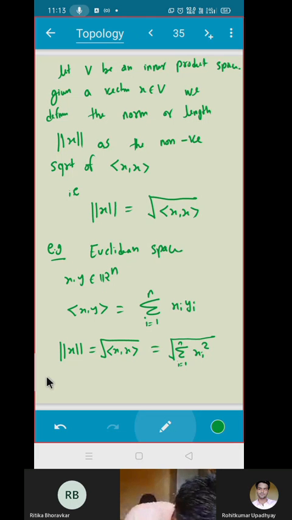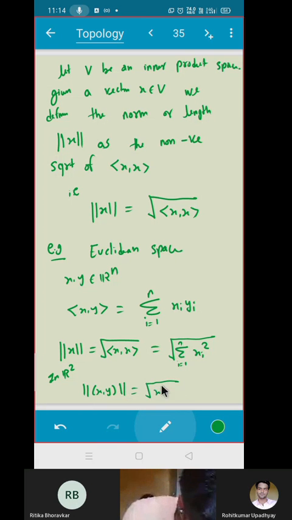And if you take n equal to 2, that means in R2, what is the norm? In R2, you can write norm x as under root x square plus y square, where x comma y looks like a coordinate, correct?